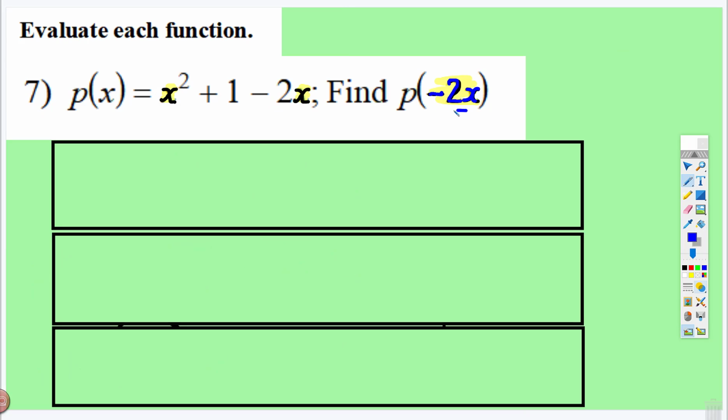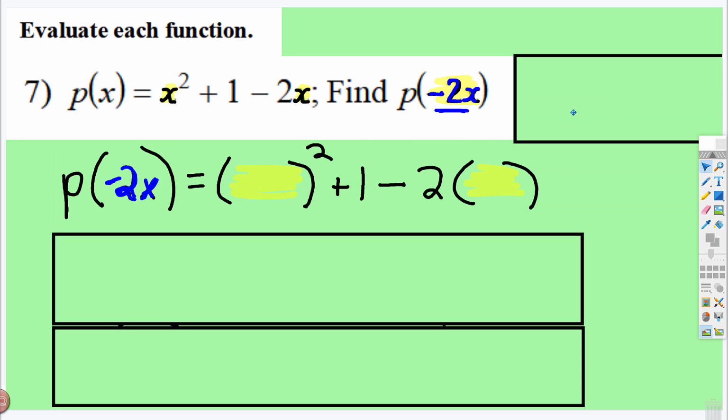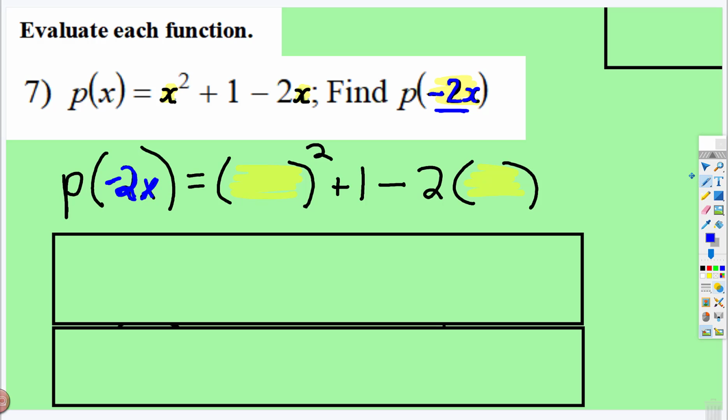Now, instead of a value, that actually tells us we have this expression. So everywhere there's an x, we're going to plug in that expression. So at the beginning, instead of putting p of x, I write p of -2x, because instead of x, I'm going to write that.